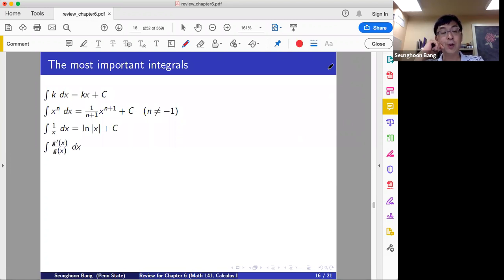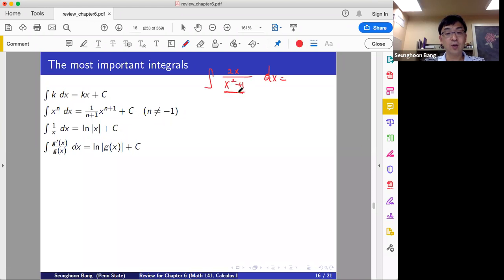The integral of g prime of x over g of x dx. What's that? ln of the absolute value of g of x plus c. So one example is this kind of problem: the integral of 2x over x squared plus 1. What's the answer?